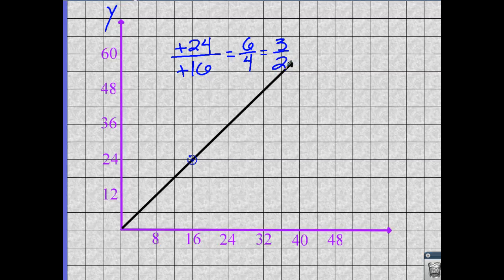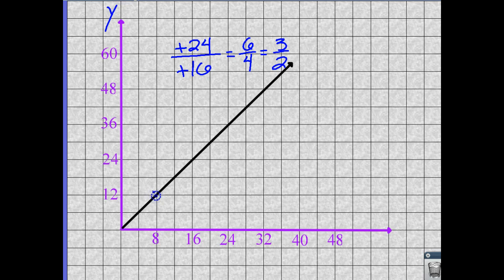Now, if we have a constant of proportionality, or a constant rate of change, that means I can take another point on this line and it would also reduce down to 3 over 2. So how about we just take this first one right here. So what is that?